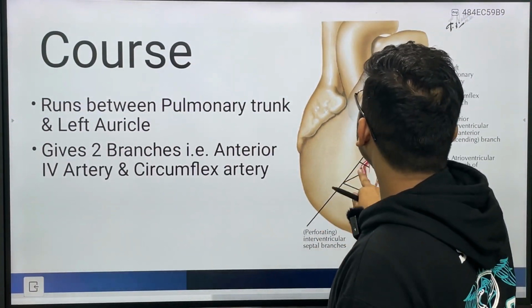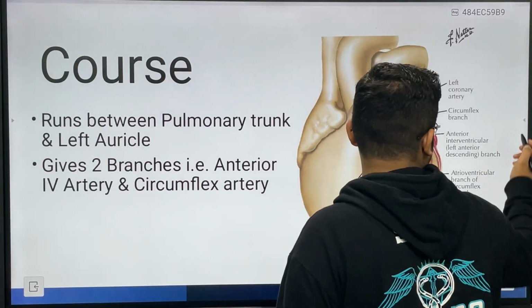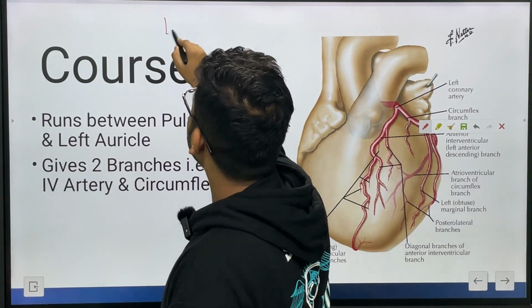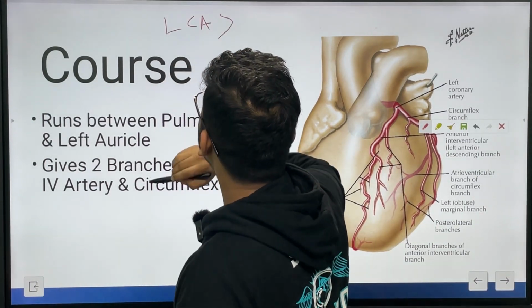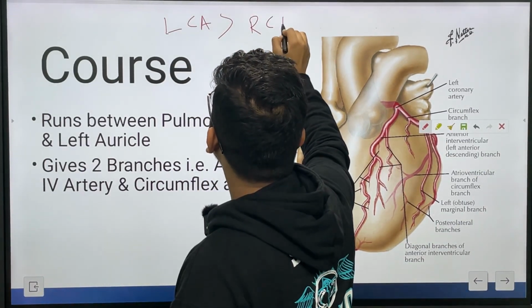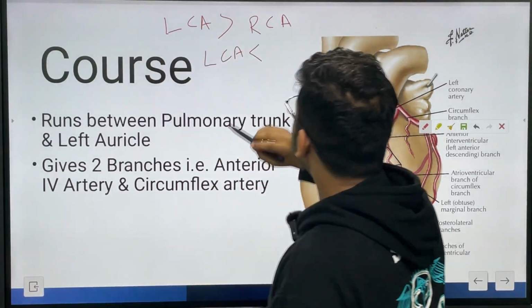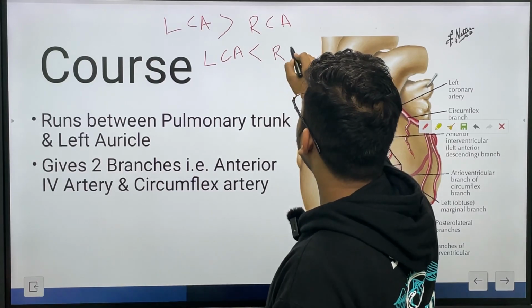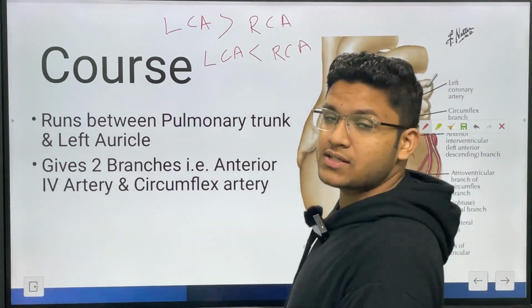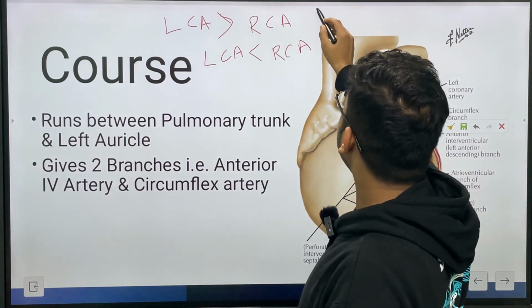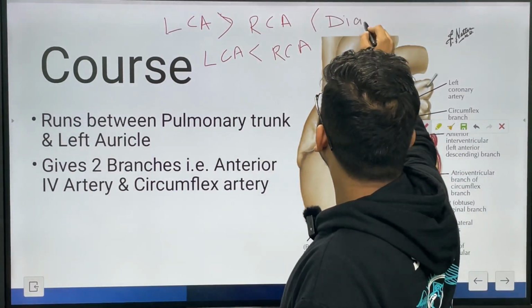Yeah, this is the course of the left coronary artery. Let me add one thing: the left coronary artery is greater than the right coronary artery, but the left coronary artery is smaller than the right coronary artery. What is this? Am I correct or not? Let me show you.